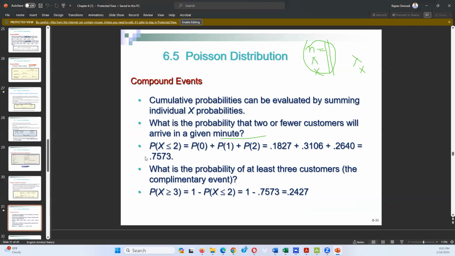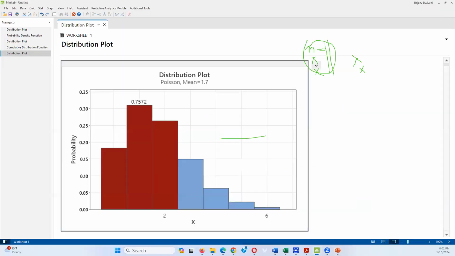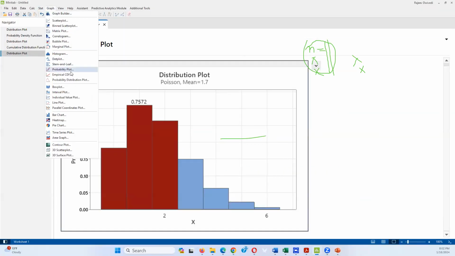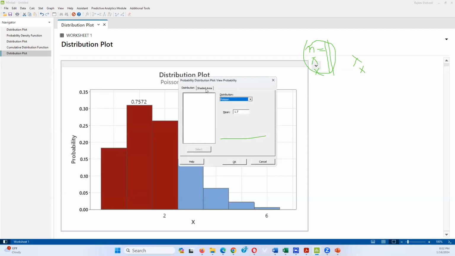So 75%. What is the probability that at least 3 customers will arrive? It is asking for 3, 4, 5 and all. Then what you need to do? Let's do this also. Graph, probability distribution, Poisson distribution, and the same value.